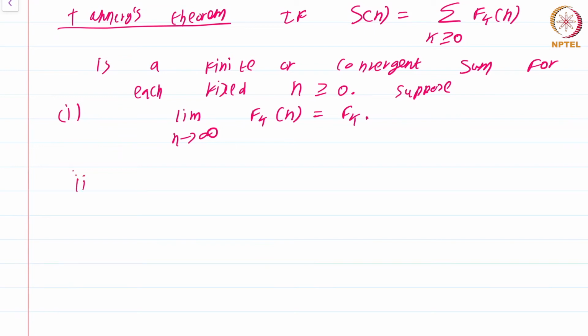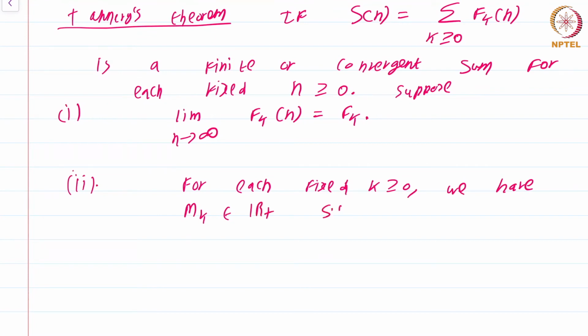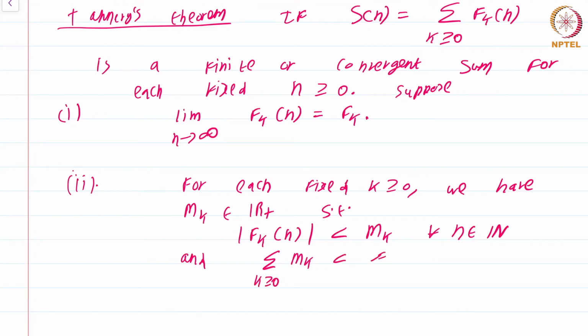Number 2, for each fixed k greater than or equal to 0, we have Mk in R plus such that modulus of fk of n is less than Mk for all n in the natural numbers, and summation Mk as you run through k is less than infinity.